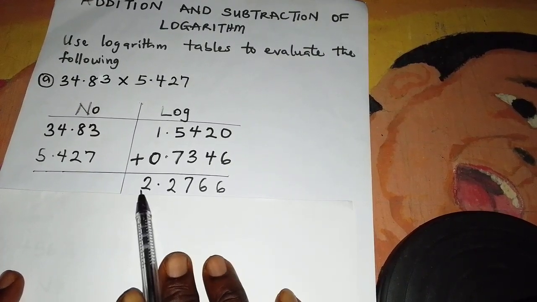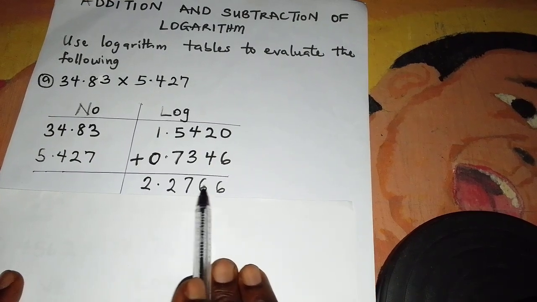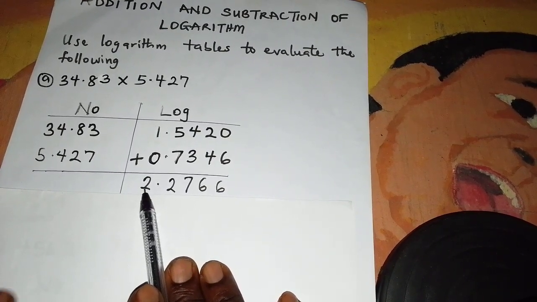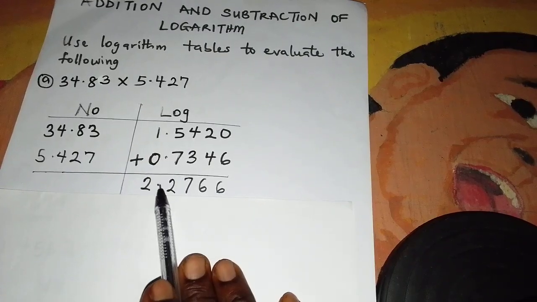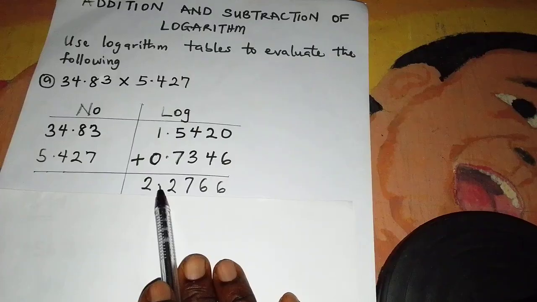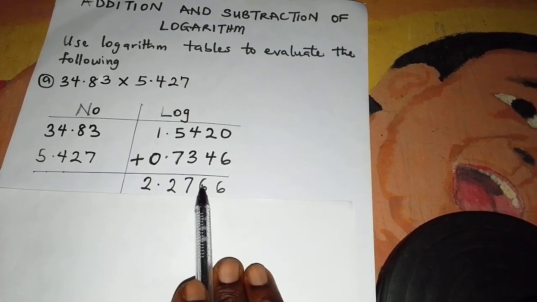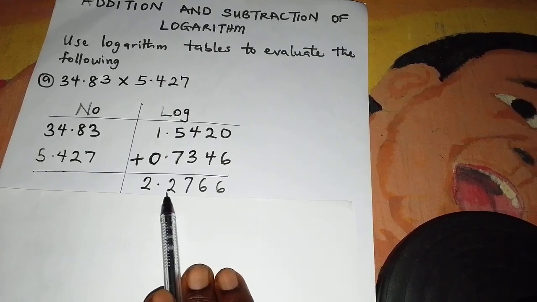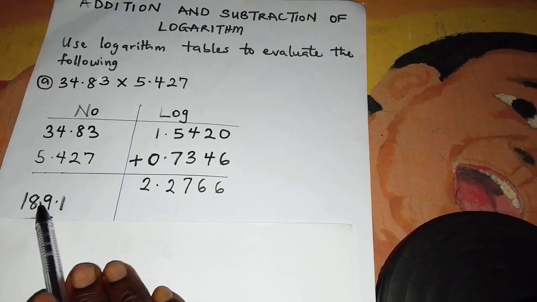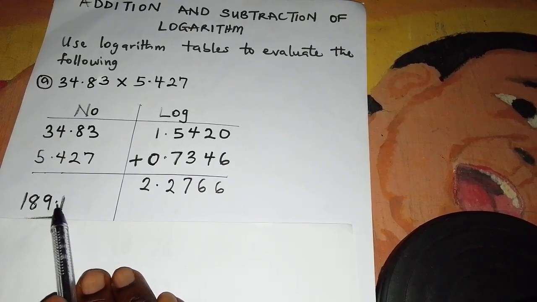After adding the logarithms, you now look for the anti-log of this. When you look for the anti-log, this first digit is for the number of decimal places. Then you open the anti-logarithm table and look for 0.27 under 6, difference of 6, which will give you 189.